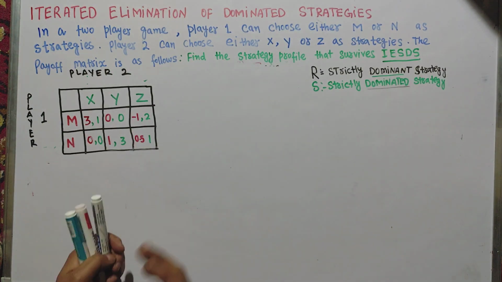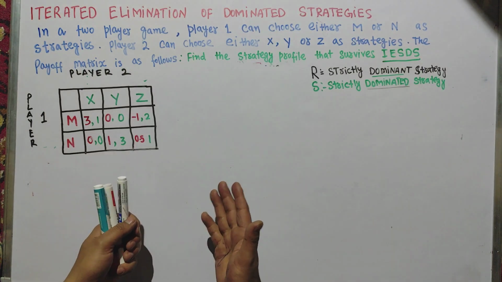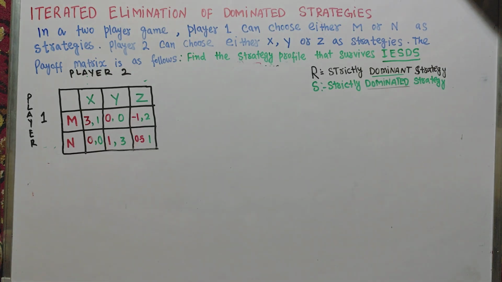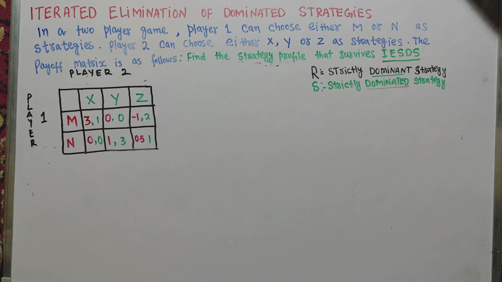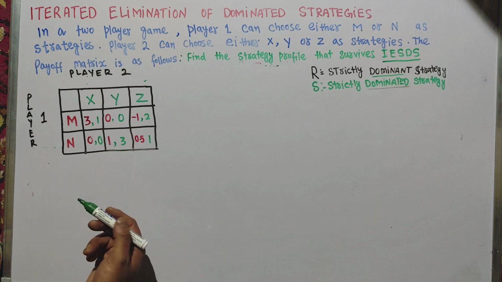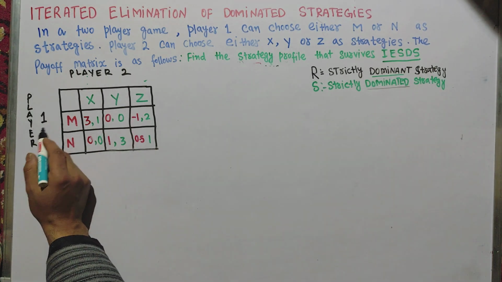Now we need to solve this question by eliminating any strictly dominated strategy, and we need to find out whether we have strictly dominated strategies here or not. So let's take the perspective of player 1, and I'm asking a simple question here.